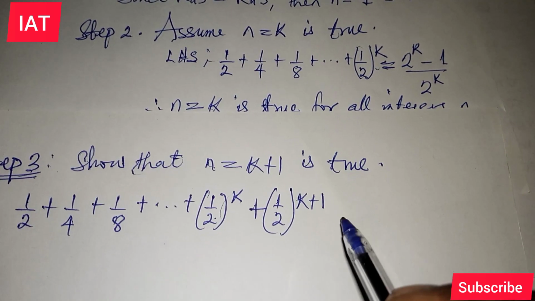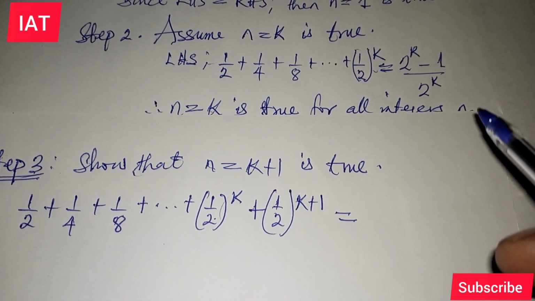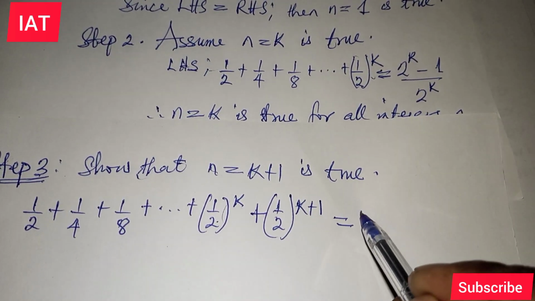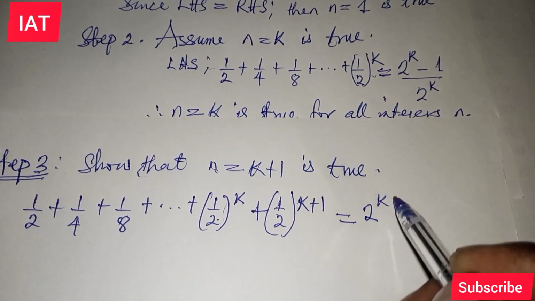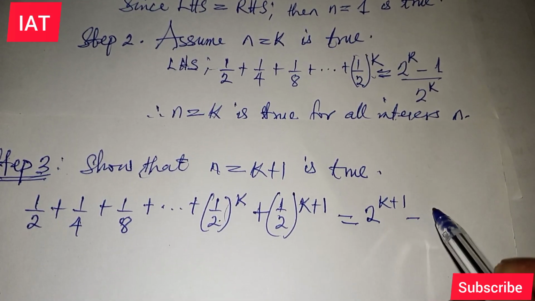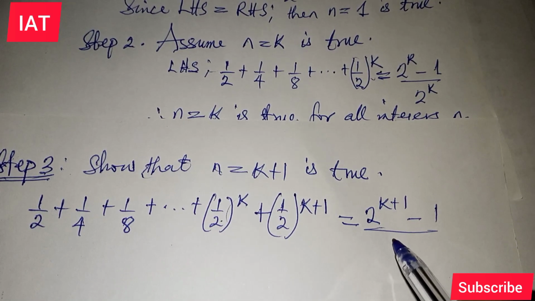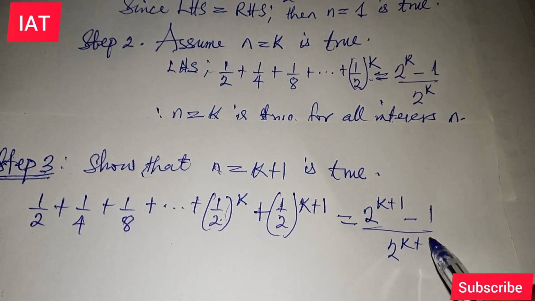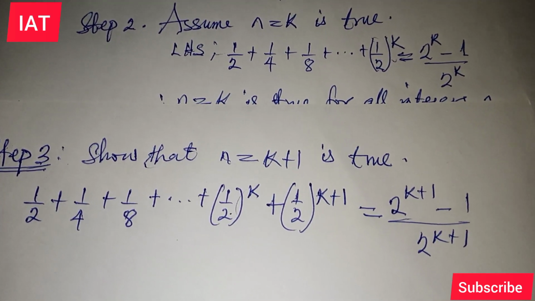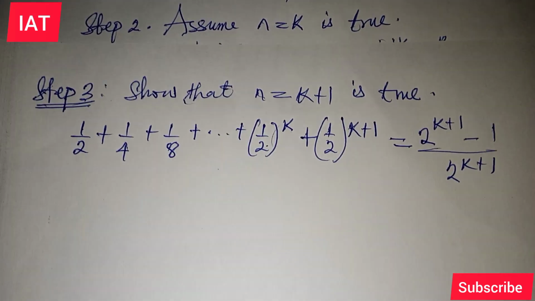On the right hand side, anywhere you see k, you just change it to k plus 1: 2 to the power of k plus 1 minus 1 all over 2 to the power of k plus 1. So that's what you need to do on step 3.